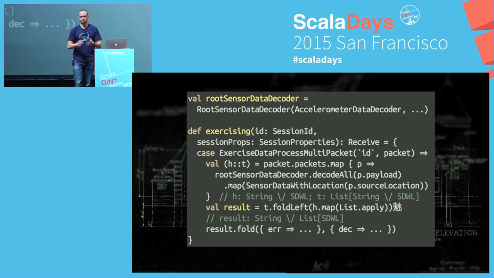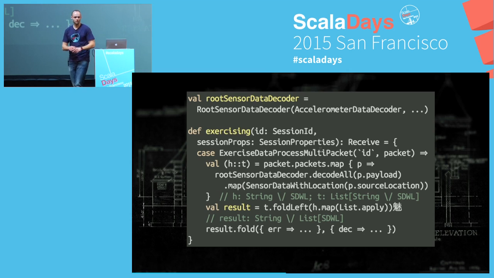And when I receive this multi-packet, I can go ahead and decode it. So I'll take all the packets and then decode all of them, which will give me a list of either a string, the error message on the left, or on the right, sensor data with location.